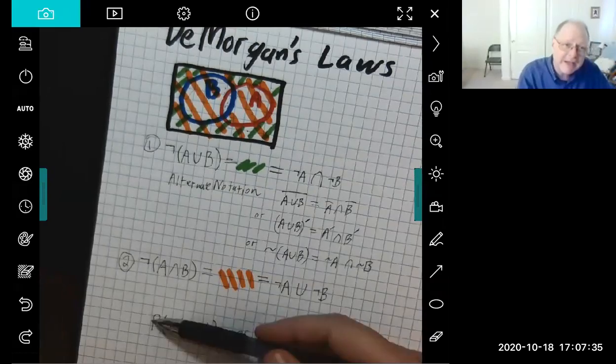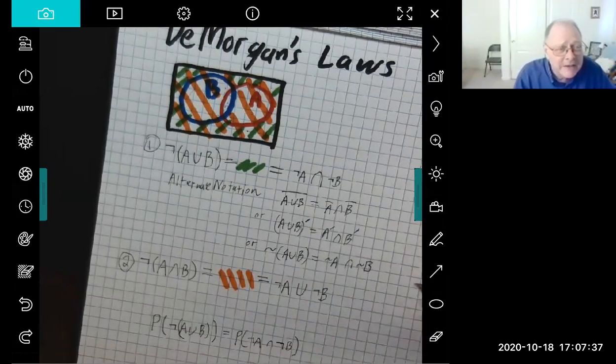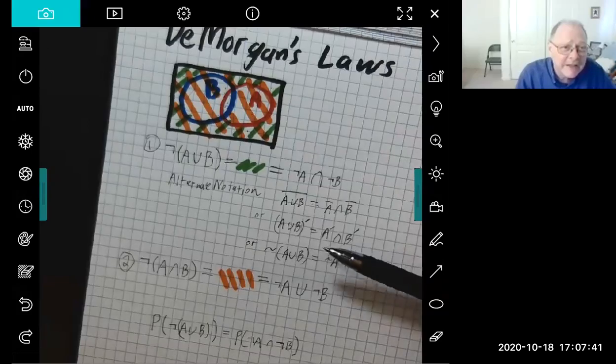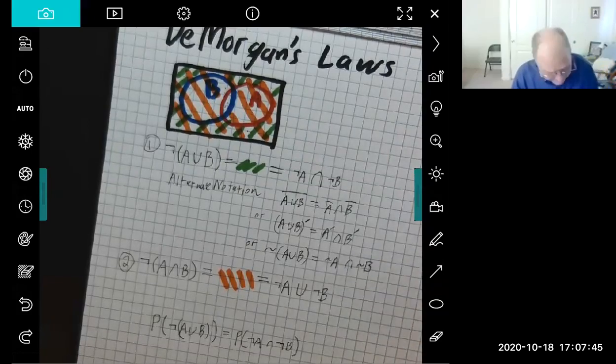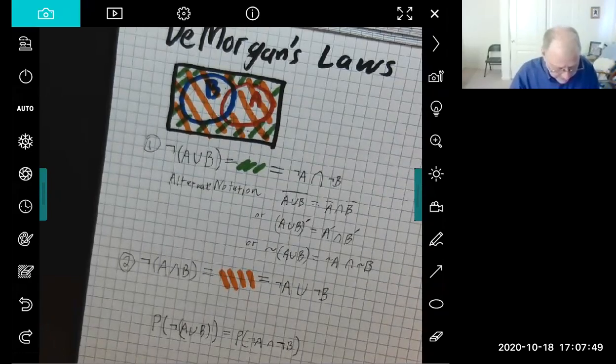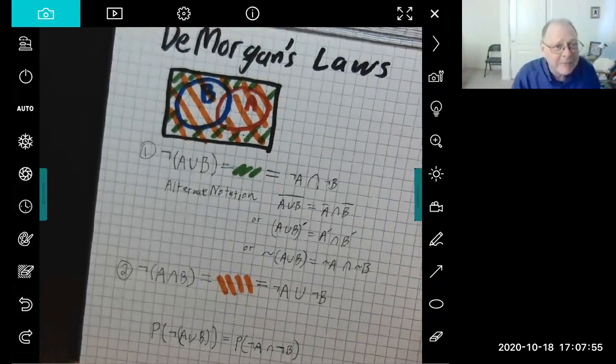The point I'm making is they're equal to each other, so you can use whichever one is easier to find given what's in your story. And so that is all I have to say about DeMorgan's laws.